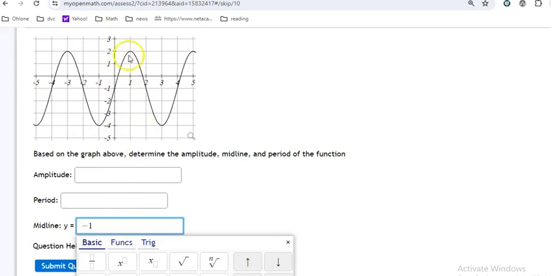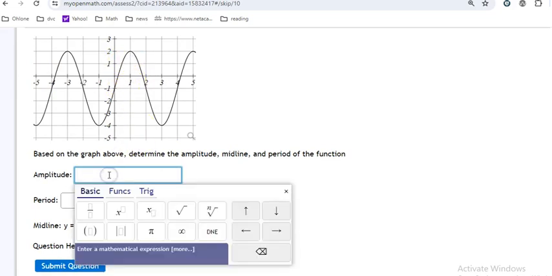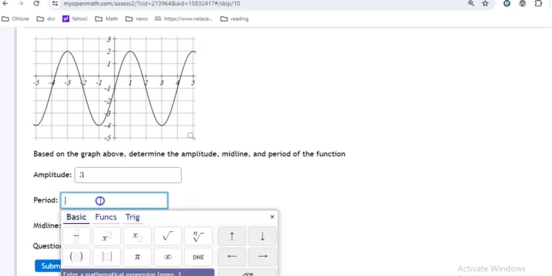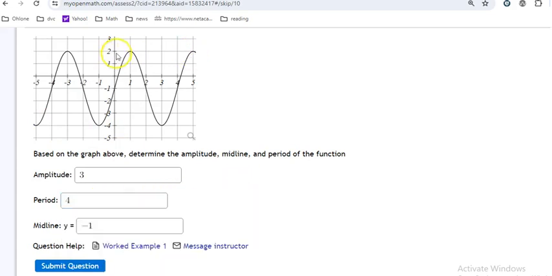And from negative 1, the amplitude is 3. What's the period? From negative 1 to 3 is 1 cycle, or from 1 to 5 is 1 cycle, so the period is 4. So look at top to top or bottom to bottom.